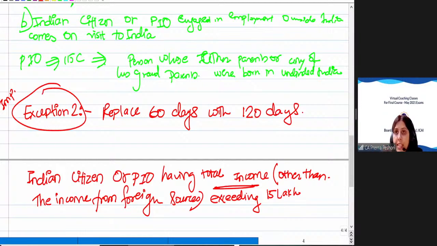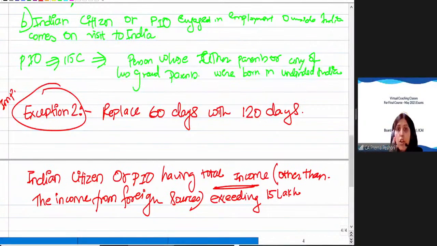So if an Indian citizen or a person of Indian origin having total income from Indian sources other than foreign sources, I'll define what is Indian sources and foreign sources, exceeding rupees 15 lakh.